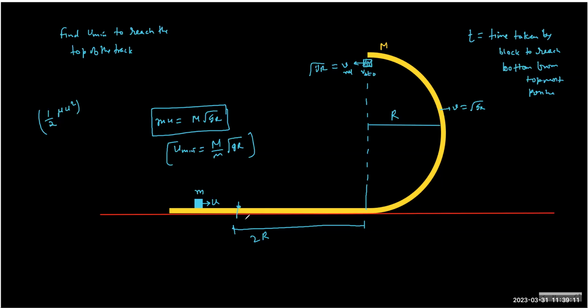So in the frame of the track, it will move 2R. Okay, we got the V minimum, which is m by M under root gR. That's one question. So let's see a similar question.